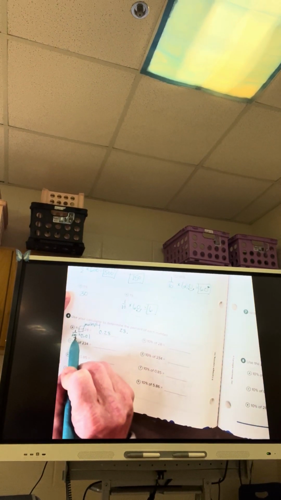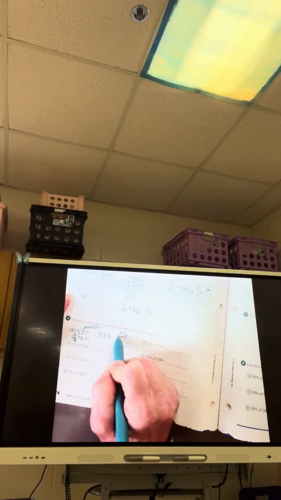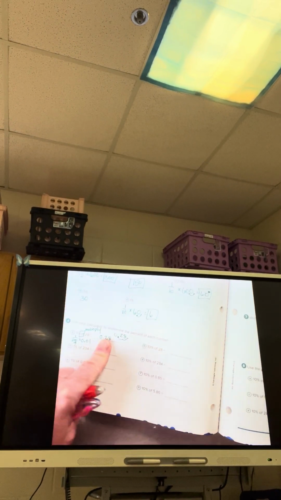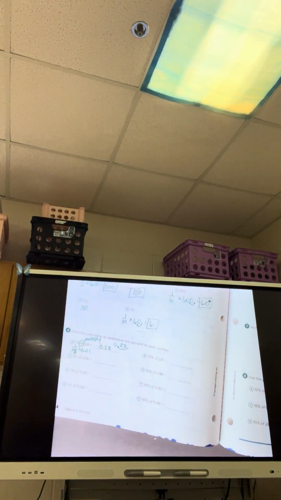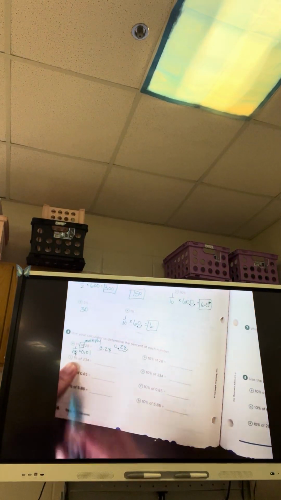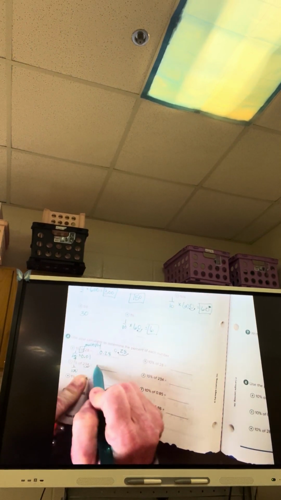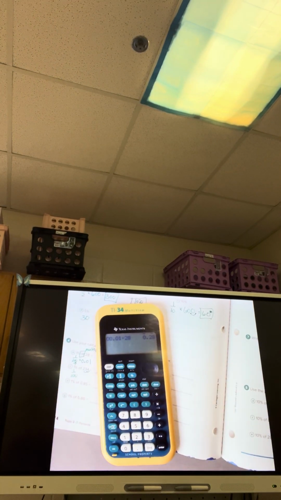That is 2 powers of 10. It should shift to here. So that answer makes sense. I put it in my calculator, I get that, but I can also do it without a calculator so easily. Again, 1/100th, 2 powers of 10, shift it 2. It should be 2.34. Let's put it in the calculator and see what happens.